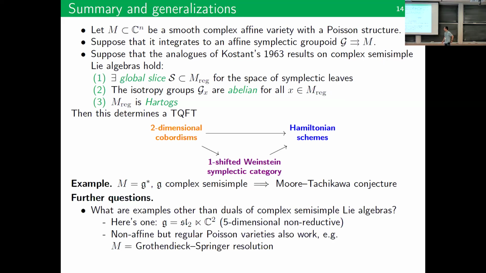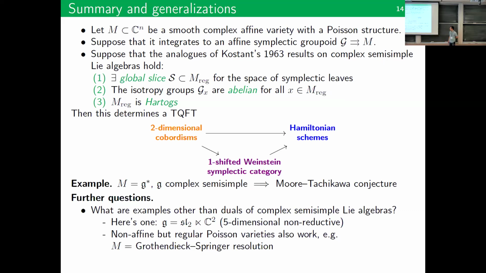Also, we have non-affine but regular Poisson varieties that work, because the fact that we're requiring these to be affine is just to get this step here, to get Hamiltonian schemes in the end. But if you want to skip that, you can have non-affine but regular Poisson varieties. This will give us a functor with the first arrow here.